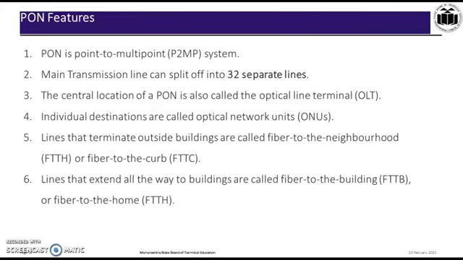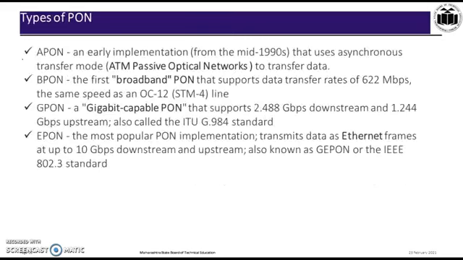Lines that terminate outside buildings are called FTTH, or neighborhood, called FTTC. And lines that extend all the way to buildings are called fiber to the building, FTTB, or FTTH.